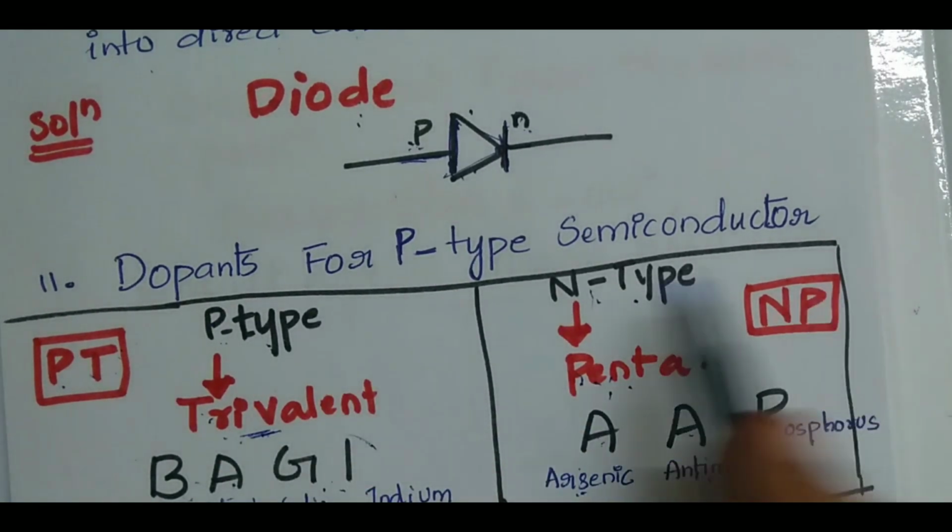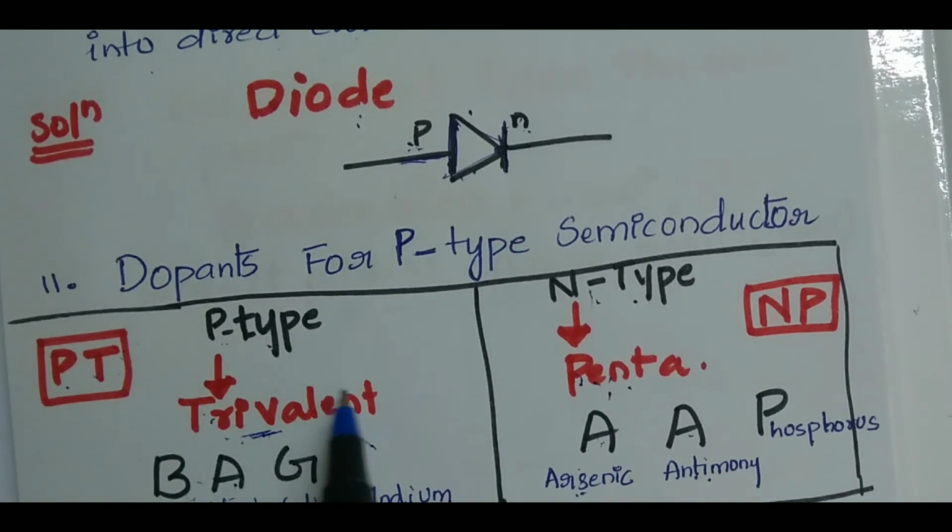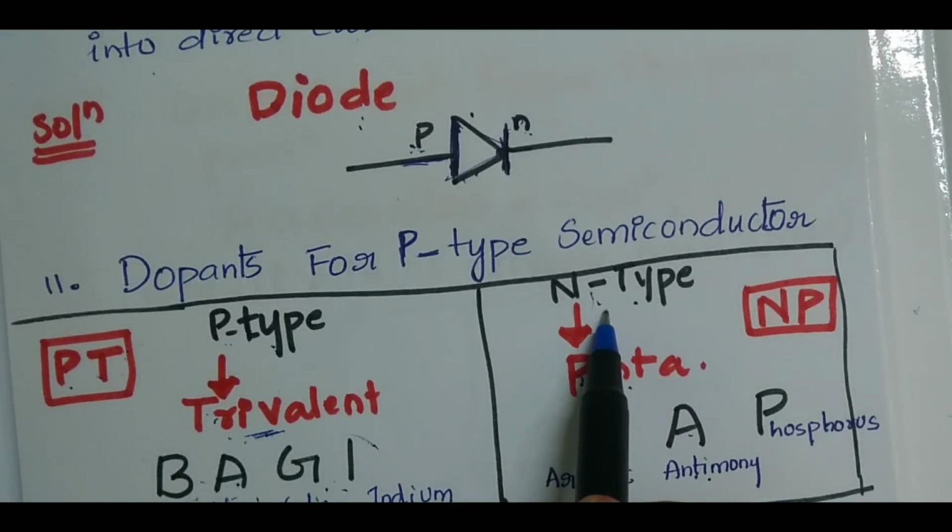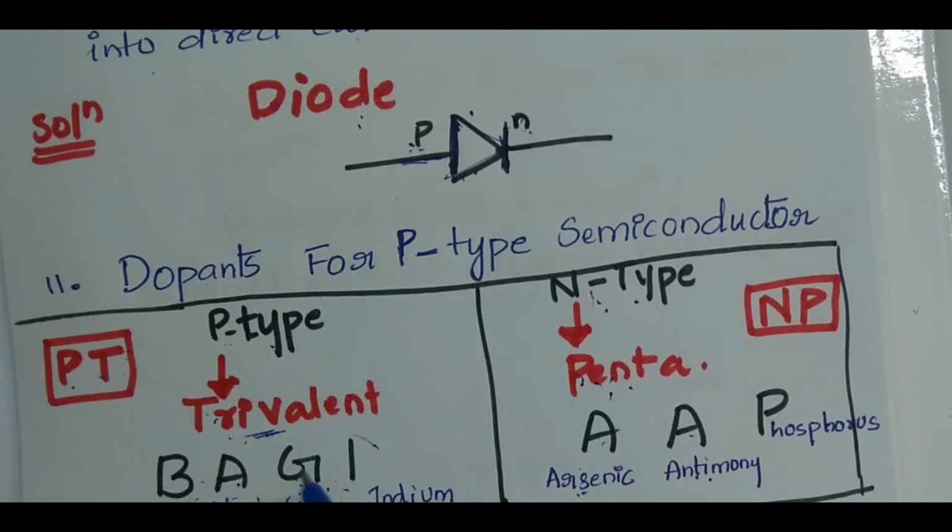If you remember this, one question is for sure from the P-type and N-type semiconductor. You need to remember this. Most of the time during the exam, the question is very simple. Suppose they will ask, gallium is the impurity added to. You will be confused at that time.